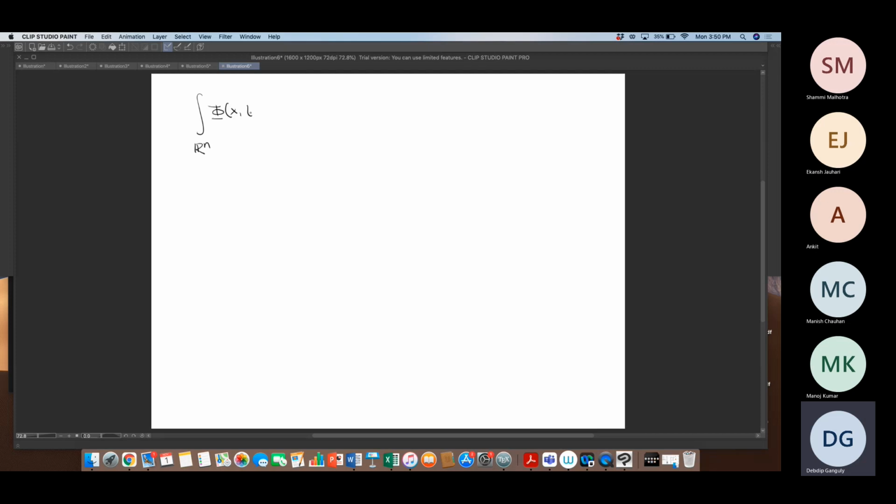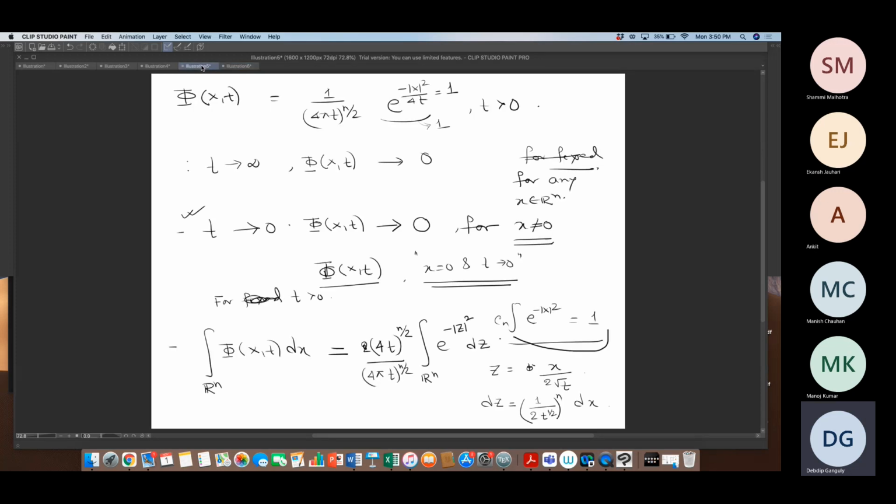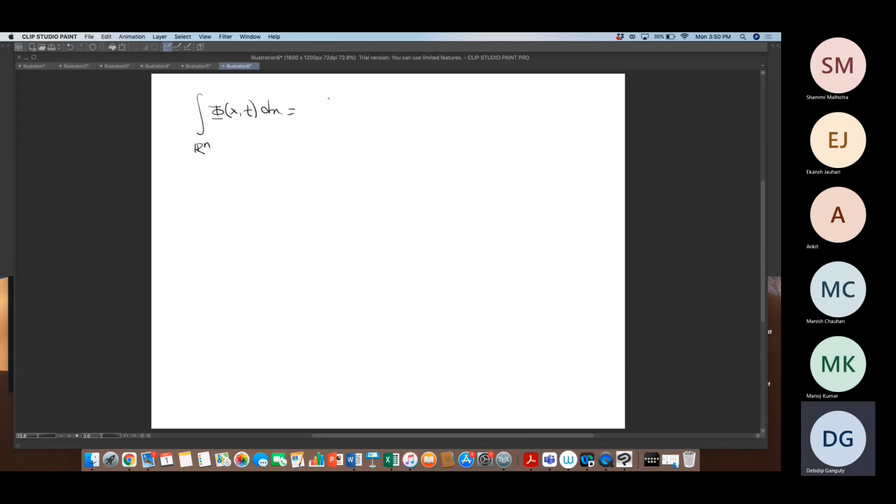The integral of phi of x, t dx is nothing but 1 by pi to the n by 2, integral over Rn of e to the power minus mod z square dz. Okay, clear?